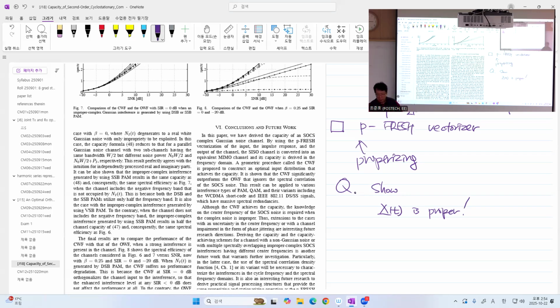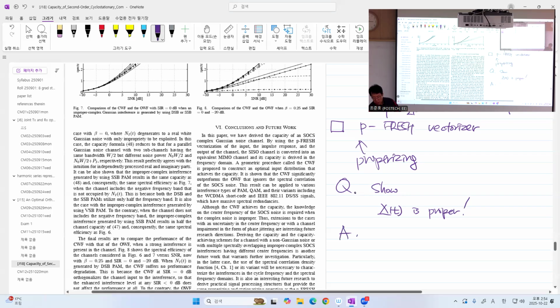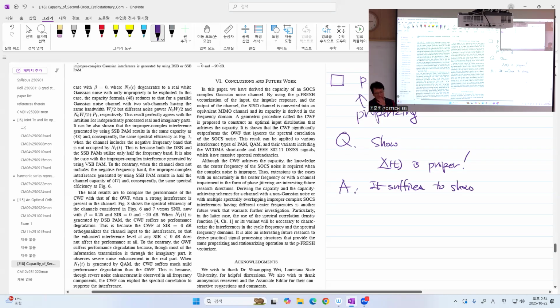Got it? So how can you show this? It suffices to show what? Its pseudo-autocorrelation vanishes.